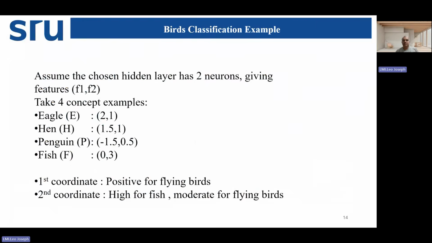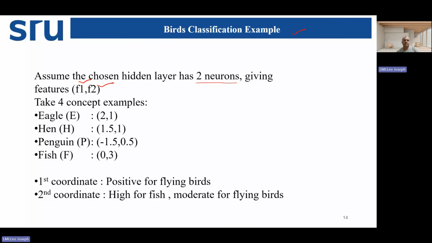Okay, let us check. I am taking a birds classification example for realization. Now listen carefully. This is the most important workout. Assume the chosen hidden layer has two neurons, only two. The two neurons have features F1 and F2.